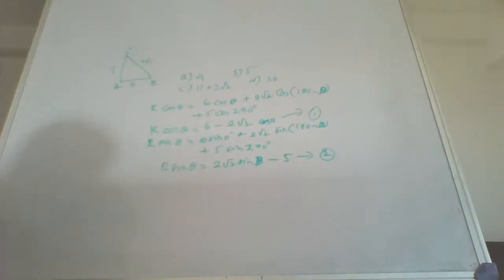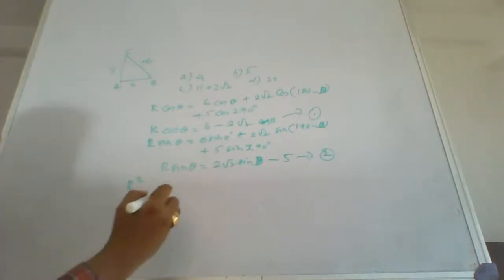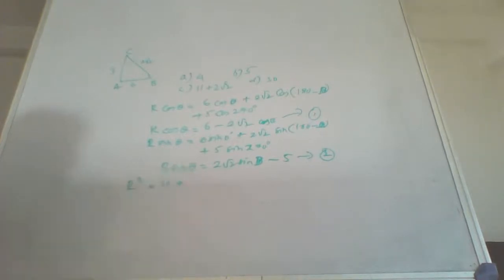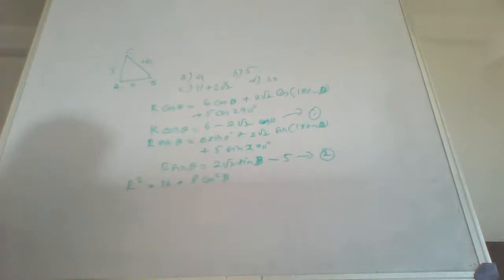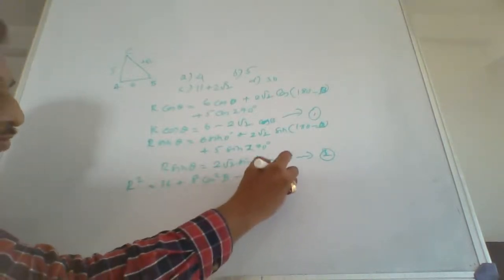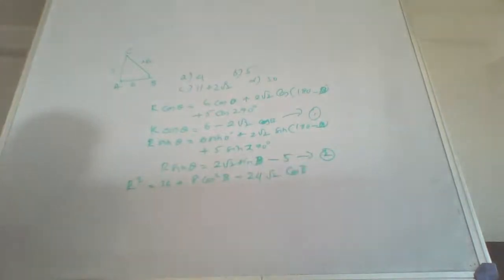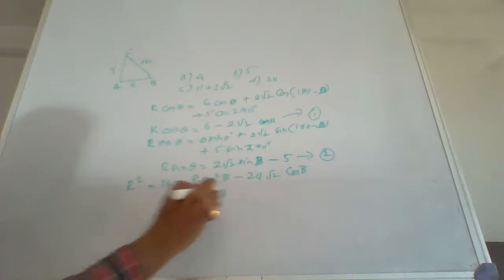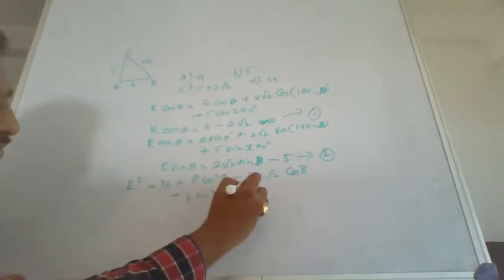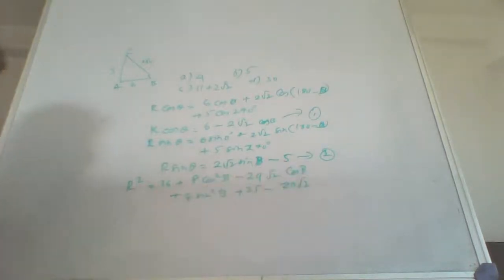Now from equations 1 and 2, I get r square is 36 plus 8 cos square b minus 24 root 2 cos b plus 8 sin square b plus 25 minus 20 root 2 sin b.